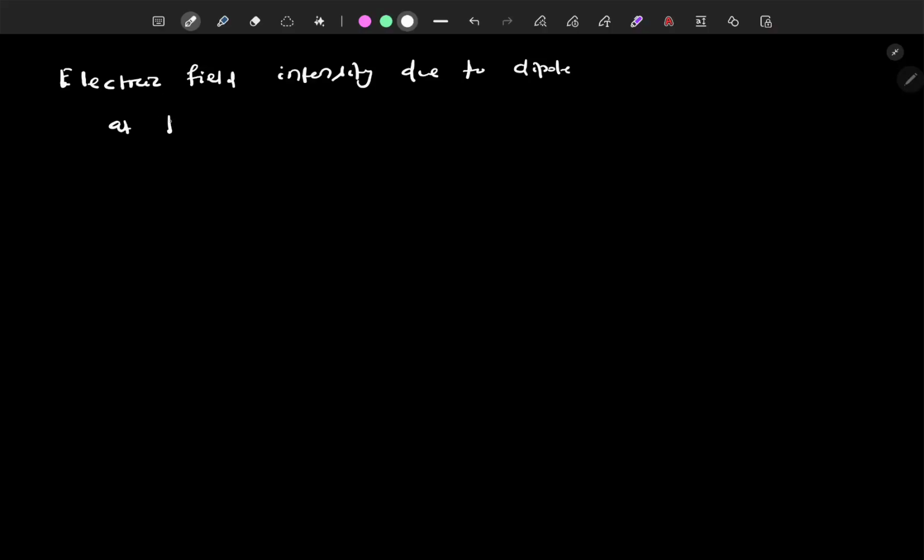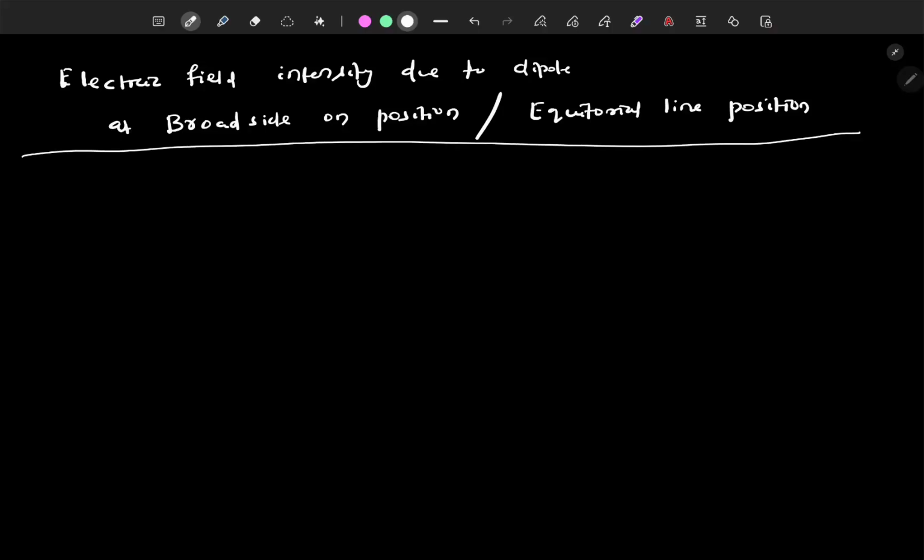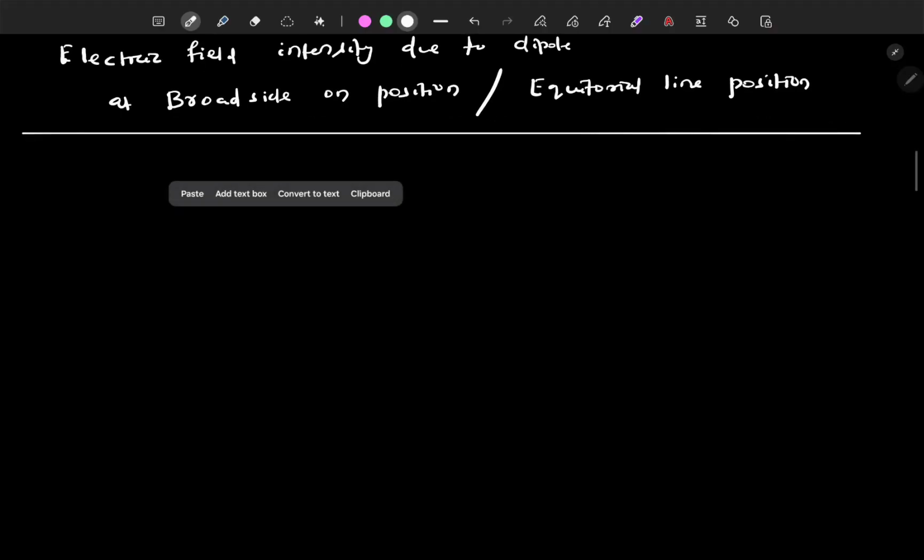Next, come to electric field intensity due to dipole at broadside end position, or it is called equatorial line position. Now see what is broadside end position or equatorial line position.